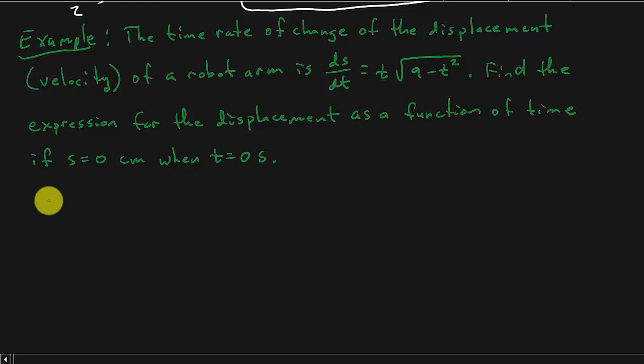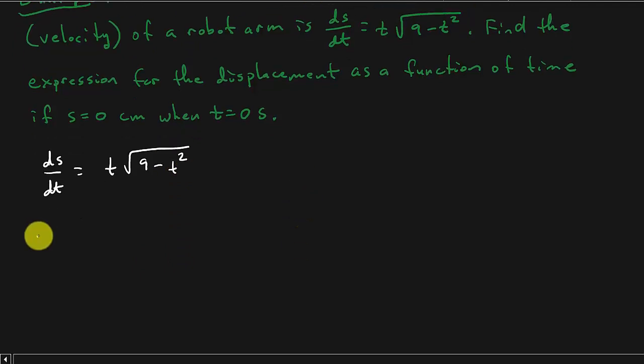Okay, so I've got ds/dt equal to t times the square root of 9 minus t squared. So ds is equal to t times the square root of 9 minus t squared dt.